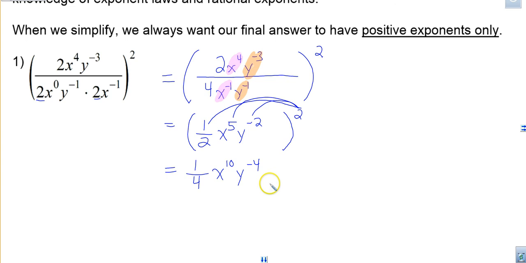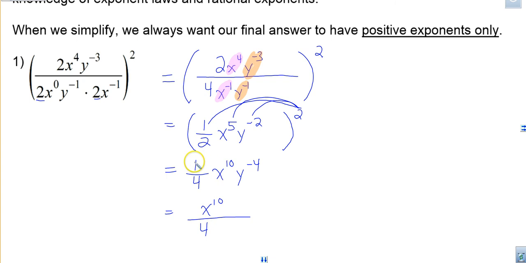So this is simplified right now, but again, we want positive exponents only. Now, y to the power negative 4, remember this means that we are dividing by y 4 times. So what I can do is I can put this all together a little bit more neatly. Now, x to the power of 10 multiplied by 1 over 4, that would be written as x to the power of 10 over 4.